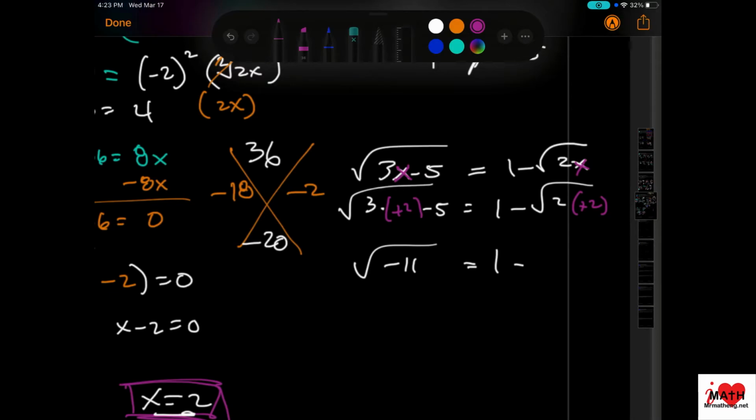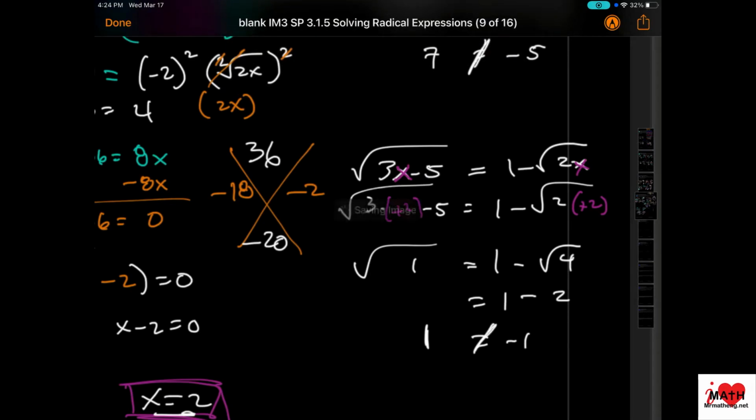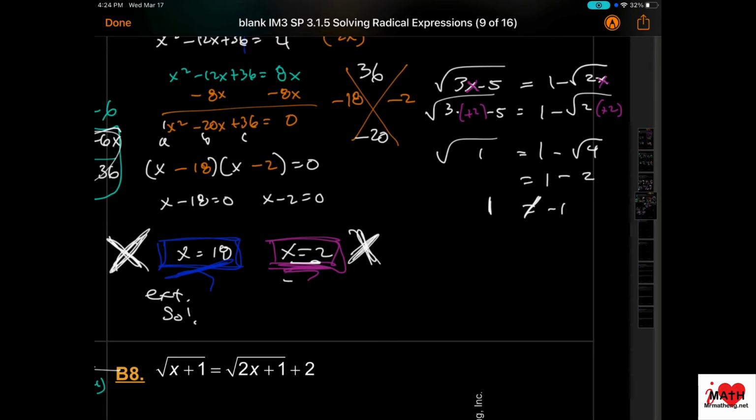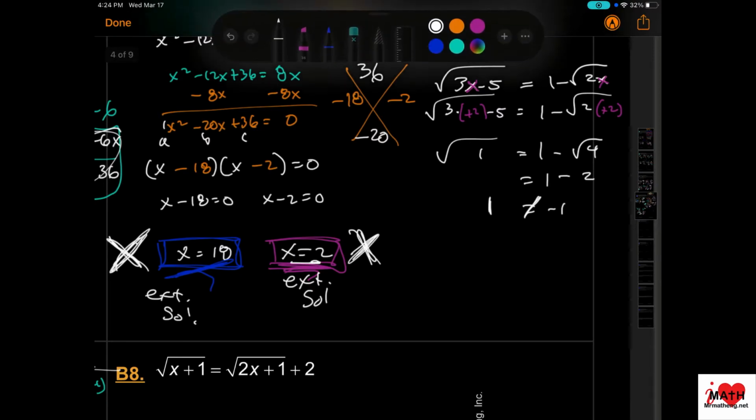So that would be 3 times 2, which is 6. 6 minus 5 is 1. And then over here, square root of 2 times 2 is 4, and the square root of 4 is 2, and 1 minus 2 is negative 1. Square root of 1 is 1. Can 1 equal negative 1? That is no. So that means that this is also an extraneous solution. And if they're both extraneous solutions, then our answer is going to be no solution.